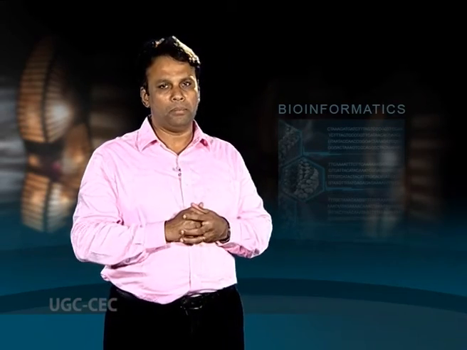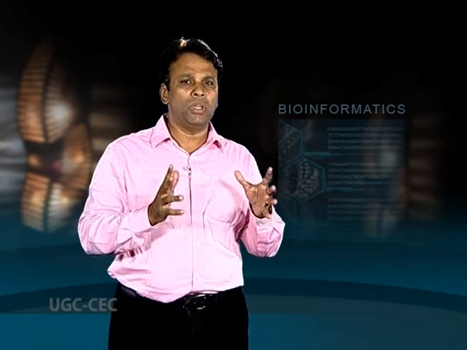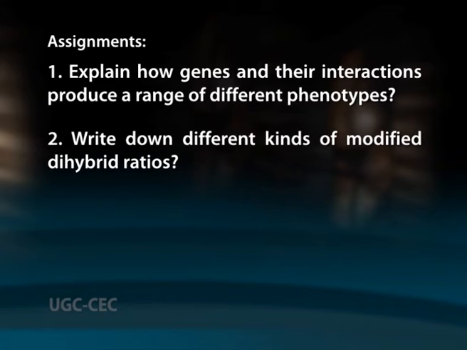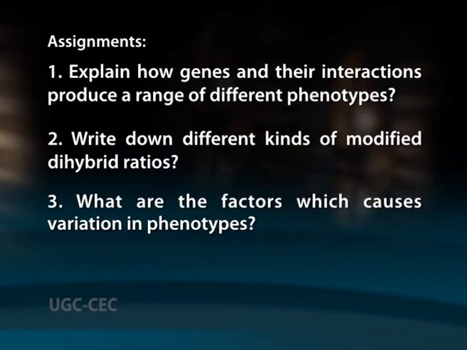Now, let me give you some assignments to work out. One, explain how genes and their interactions produce a range of different phenotypes. The second one is, write down different kinds of modified dihybrid ratios. Coming to the third, what are the factors which cause variation in phenotypes?